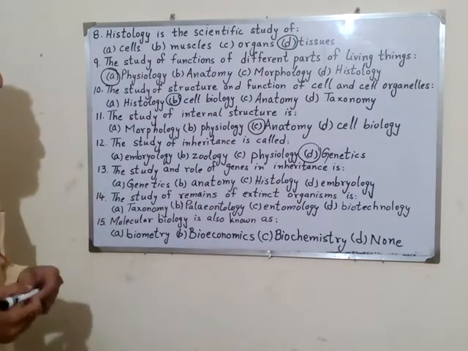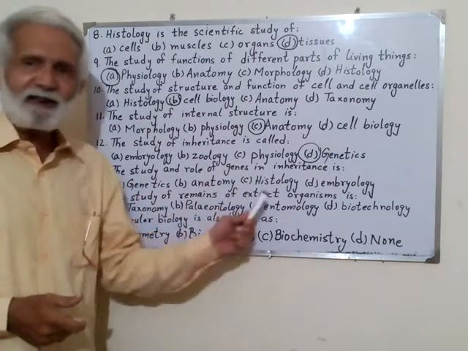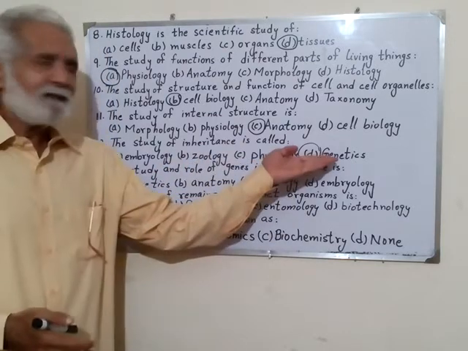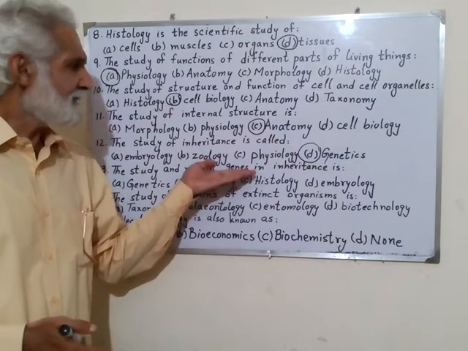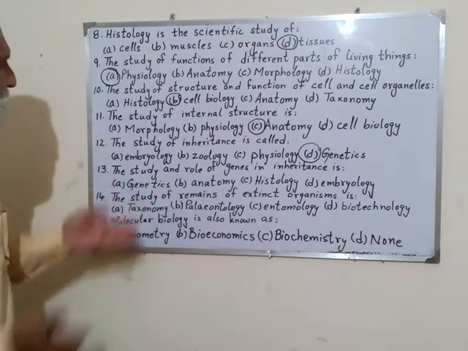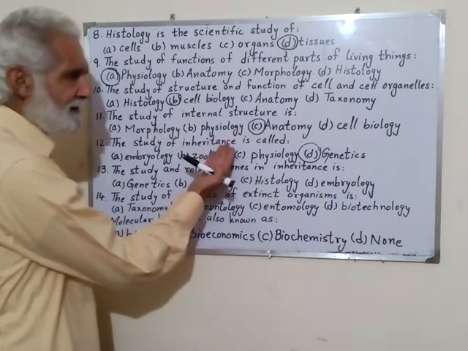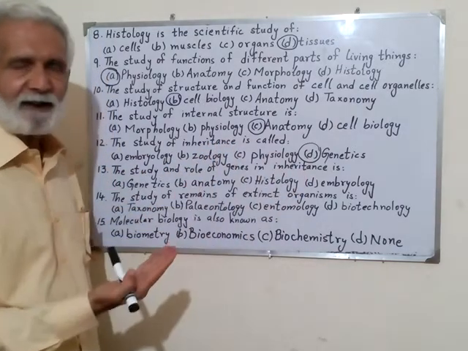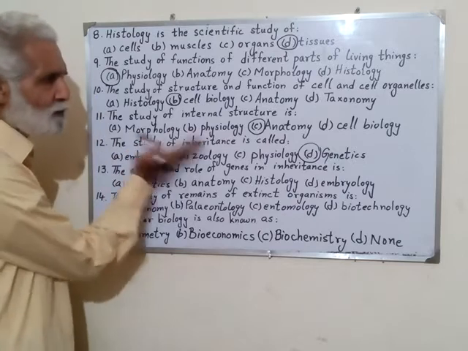Number 13 is the study and role of genes in inheritance. When we say genetics, then it is the study of genes. So naturally only the wording has changed. Here it says the study of inheritance. Here it says the role of genes in inheritance. Basically, these two are the same.